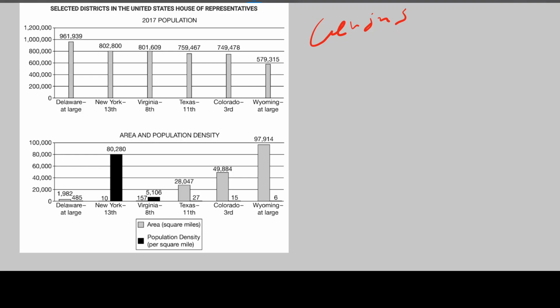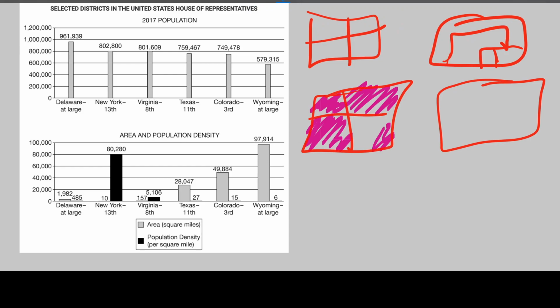And I'll just use this color because I haven't used it yet. And we had another group here. And we'll just say that it's all one color. This is the entire population of this particular state, let's say, right? Let's say it's Colorado because it's roughly Colorado shaped.